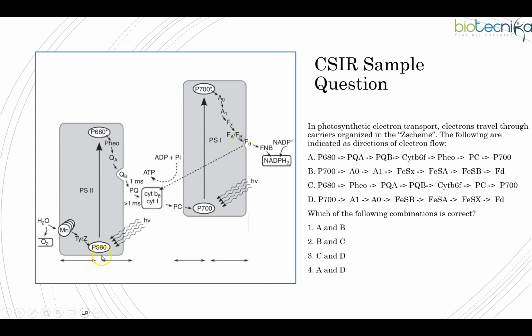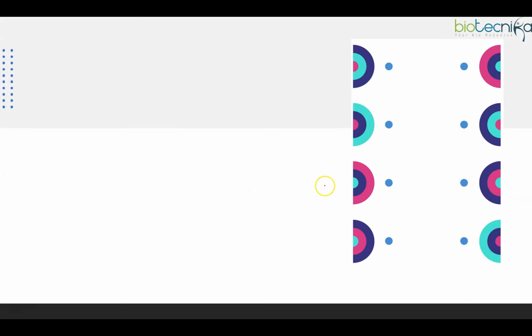And when we have PS2, it starts from P680, so that's why B is correct over here. P680 starts with pheophytin, then plastoquinone A, QB, then the cytochrome b6f complex, then we have the PC, so this will be the correct order, and then it goes to P700. So here option 2 is the right answer.